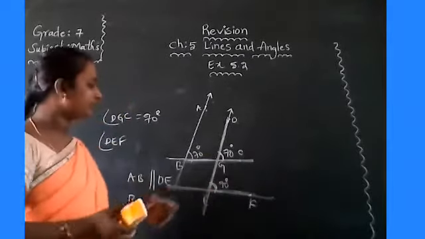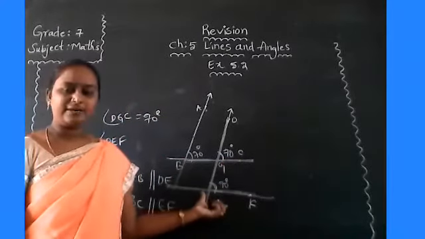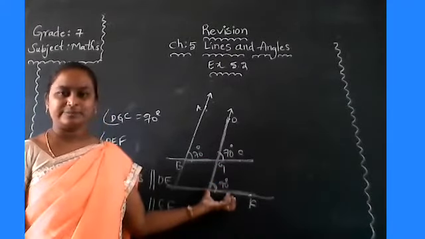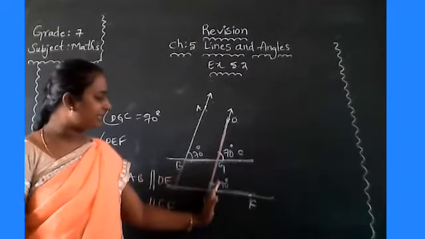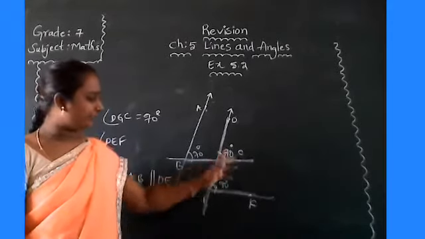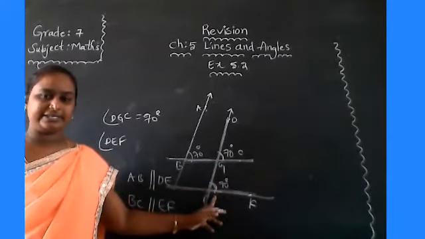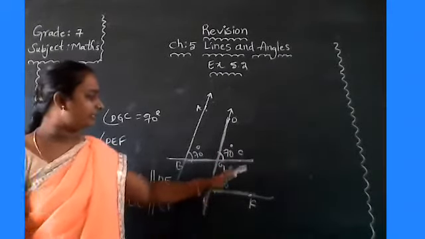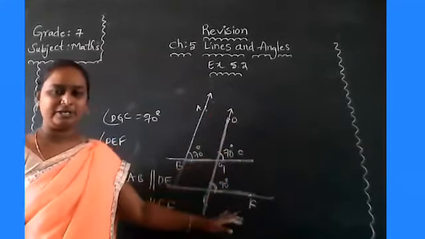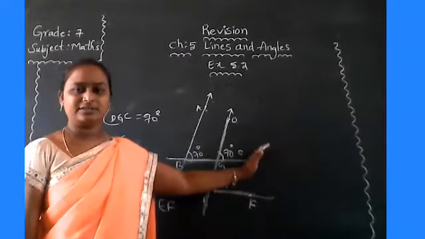Why? Because of corresponding angles. Remember always, corresponding angles have different vertices, but they are on the same side of the transversal, and corresponding angles are equal. Is it clear, children? Remember, the corresponding angles may be above or below, left side or right side.